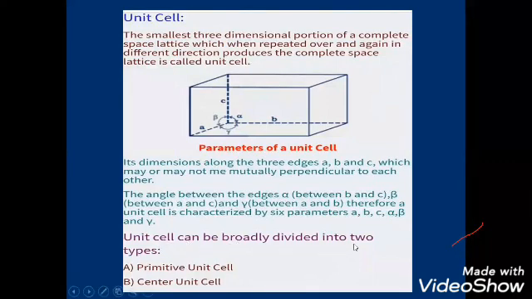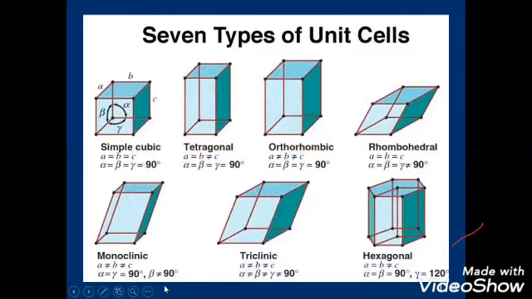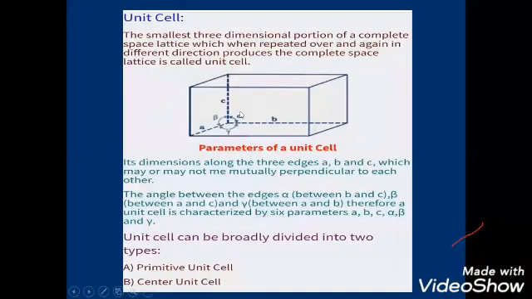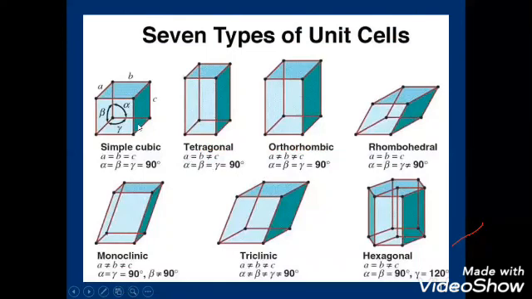Now unit cells can be broadly classified into two types: primitive unit cell or centered unit cell. This centered unit cell is also known as non-primitive unit cell. So just now what I was discussing, that unit cells can be classified on the basis of the values of alpha, beta, and gamma, and A, B, C. So this is a simple cubic unit cell where alpha is equal to beta is equal to gamma, it is 90 degrees, and all edges have the same edge length, that is A is equal to B is equal to C. Then these are the 7 different types of unit cell, and they are called the 7 crystal systems.